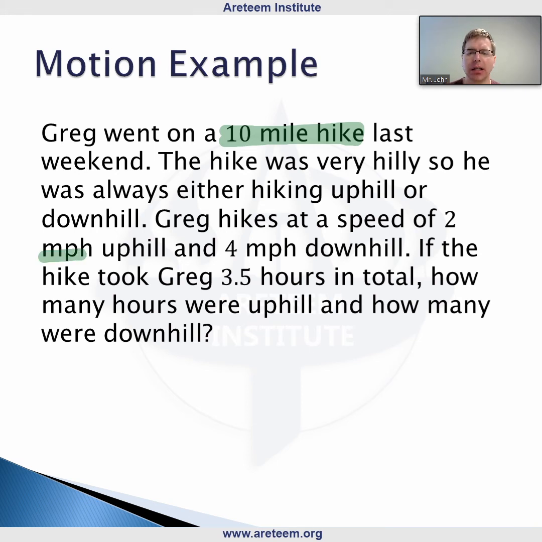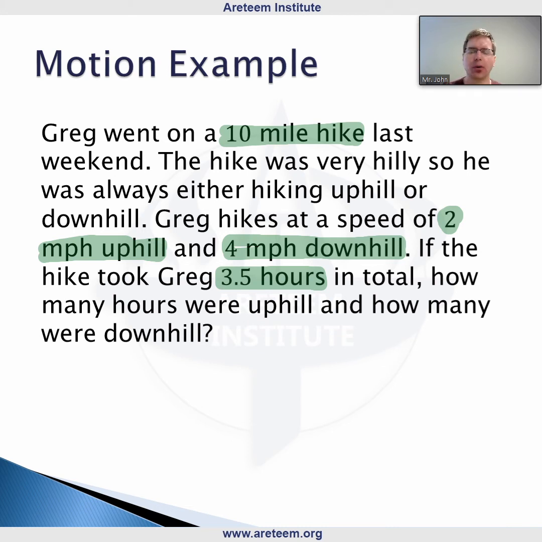Going uphill, he hikes at a speed of 2 miles per hour, 4 miles per hour if he's going downhill. And we're given that the hike took Greg 3.5 hours in total. So we want to figure out how many hours are uphill and how many are downhill.